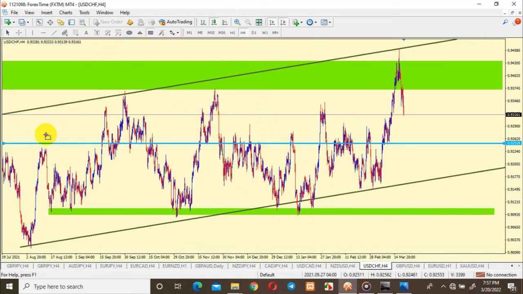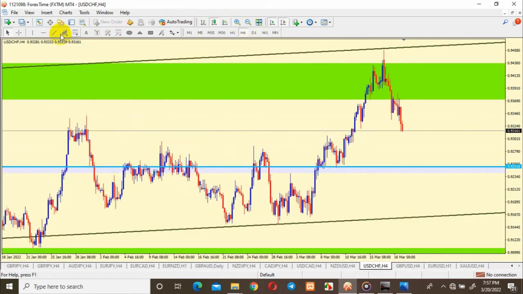So permit me to do this. So what are we expecting next week? Next week, starting from Monday, I expect a little move towards this area, and we take our trades.